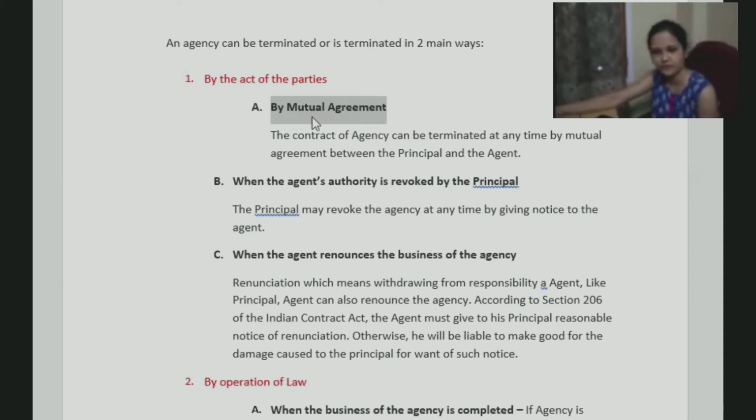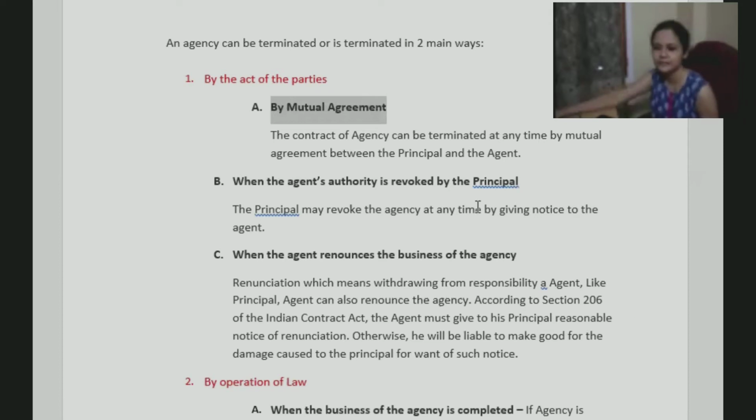First is mutual agreement. Second is when the agent's authority is revoked by the principal. When discussing rights and duties, we have seen that the principal would delegate some authority to the agent, and the agent is supposed to act accordingly, right?